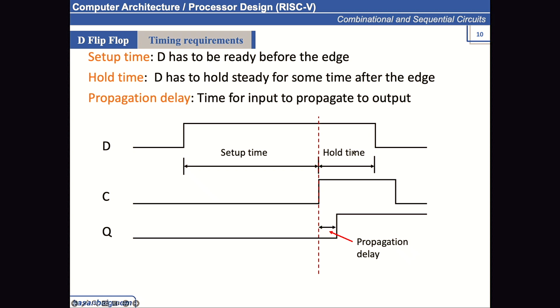Hold time, we need to hold the data for a certain period of time, and the propagation delay is when the data is read, there is a delay in producing the output, and that delay is caused by the internal circuitry. Okay? Because you have multiple AND gates, OR gates, the data is passed through the AND gates, so there is a delay for the AND gates and OR gates. So that delay is called the propagation delay.